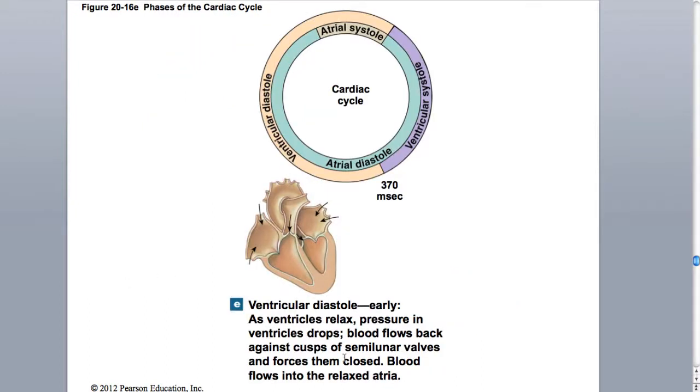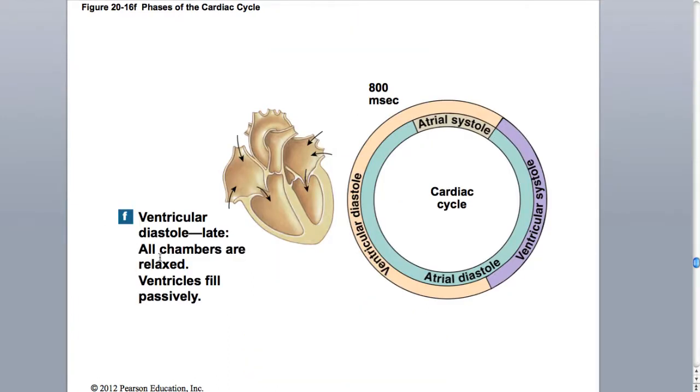Now, this is where I said that there is a moment in time between the last one and this one. There's a moment where all 4 valves are closed. Okay, so all 4 valves are closed. Next slide. Here we have all chambers are relaxed, ventricles are filling passively.